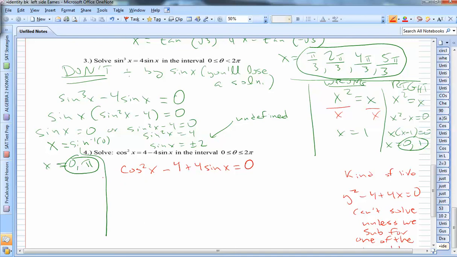We know that cosine squared x plus sine squared x equals 1. And we're going to have to substitute for cosine squared because there's nothing that we can substitute for sine. And cosine squared x equals 1 minus sine squared x. So I'm going to substitute and replace my cosine squared with 1 minus sine squared.